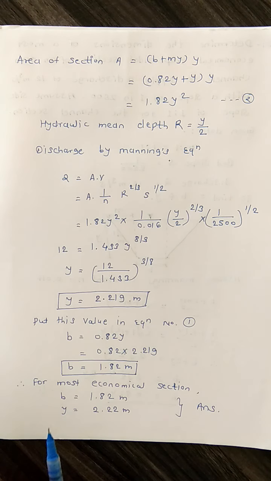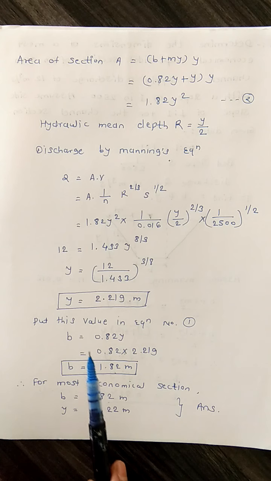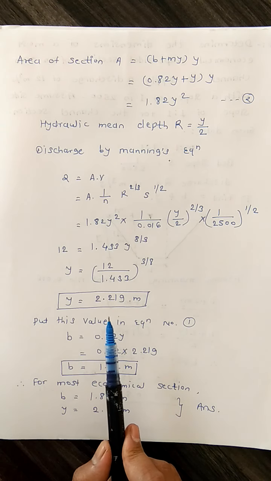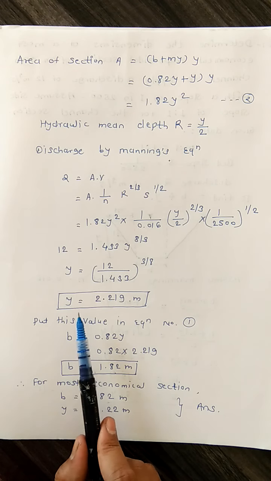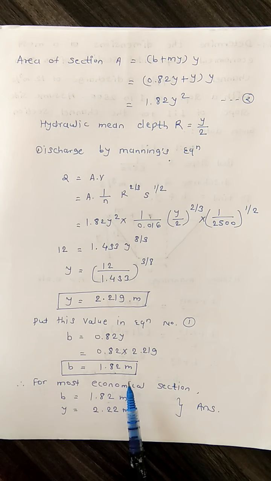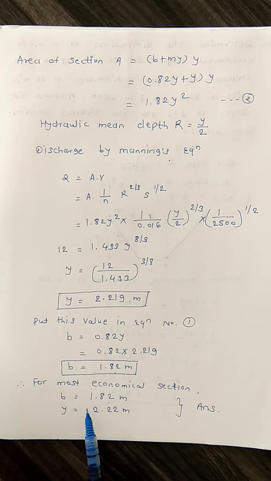So we write this equation in detail, that is A into 1 upon n, R raised to 2 by 3 and S raised to 1 half. After putting all these values in the equation, we get y is equal to 2.219 meter. So putting this value for y in equation number 1, we get b is equal to 1.82 meter. So our final dimensions for the most economical channel section are b is equal to 1.82 meter and y is equal to 2.2 meter. Thank you.